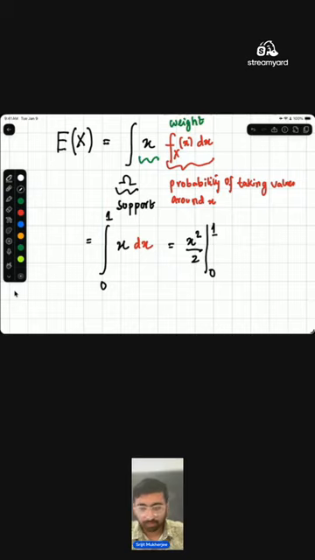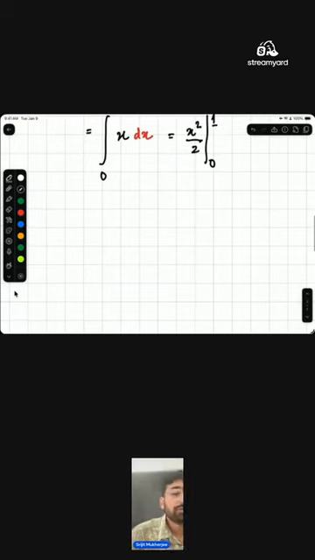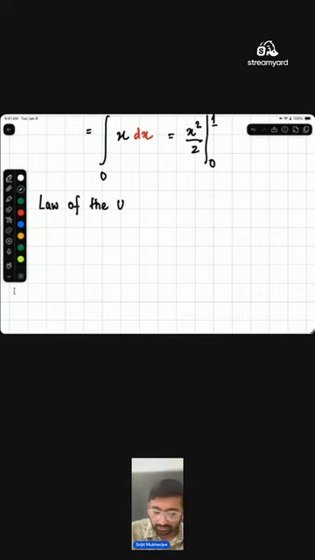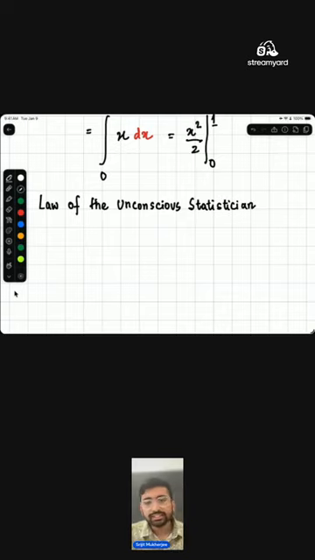Now comes another beautiful idea called the law of the unconscious statistician. It's called the LOTUS. This terminology is taken from Blitzstein.